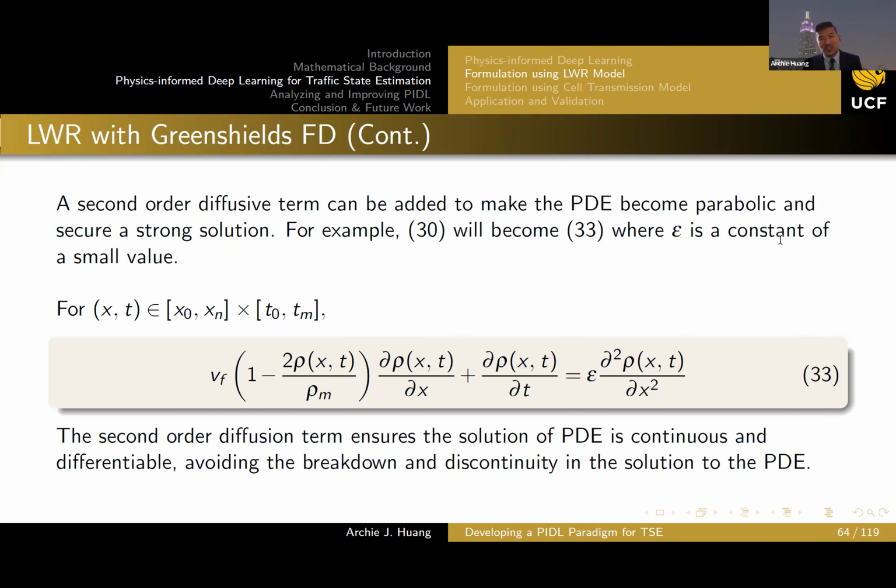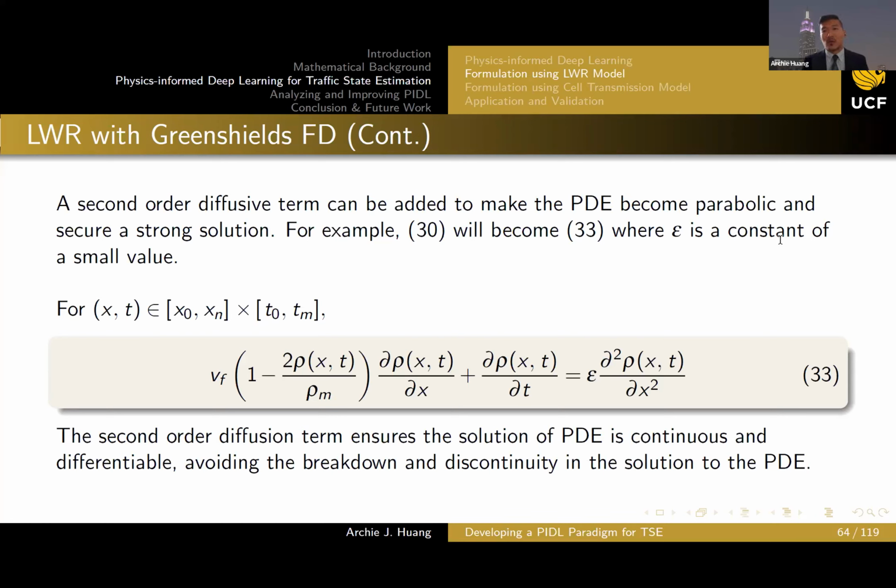I also want to mention that a second order diffusive term can be added to make this PDE a parabolic PDE, and that will secure a strong solution. The point here is this diffusion term ensures the solution of this LWR PDE is continuous and differentiable and avoids breakdown and discontinuity.